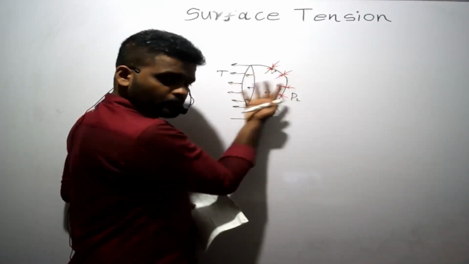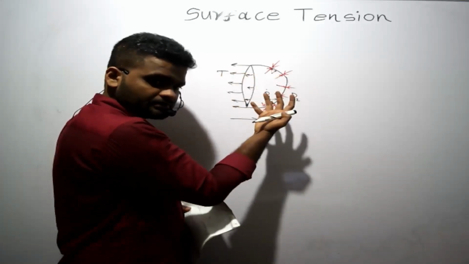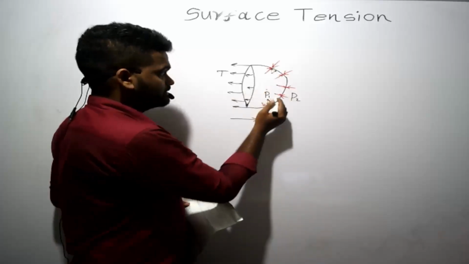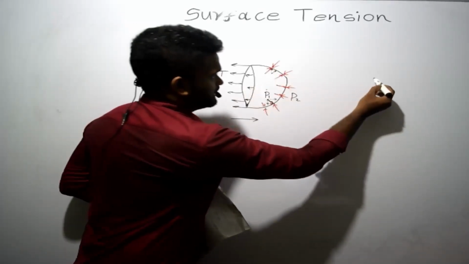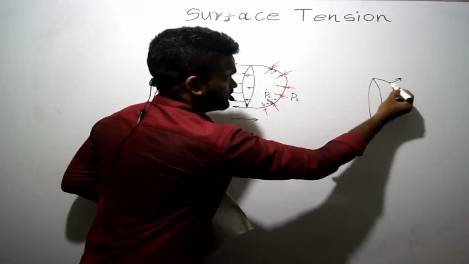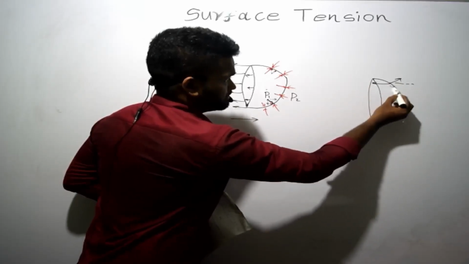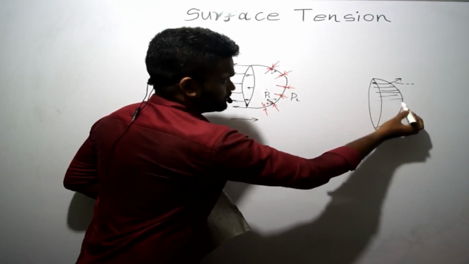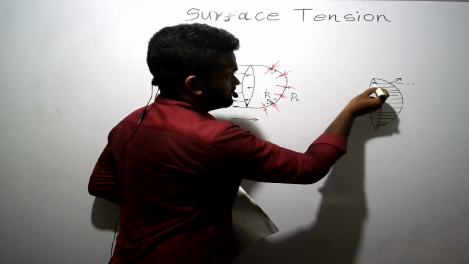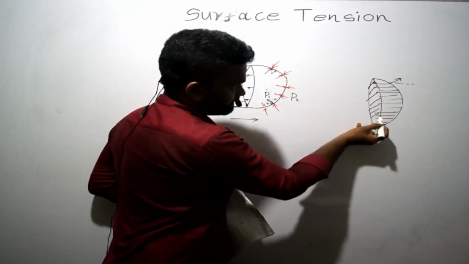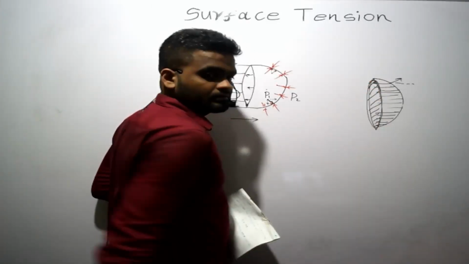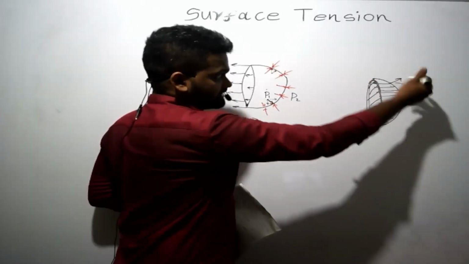All the pressure forces around the hemisphere you need to project to this side. I'll draw a separate image. If you project them, what's the area that it applies? You need to consider this area, because you are only considering these components.